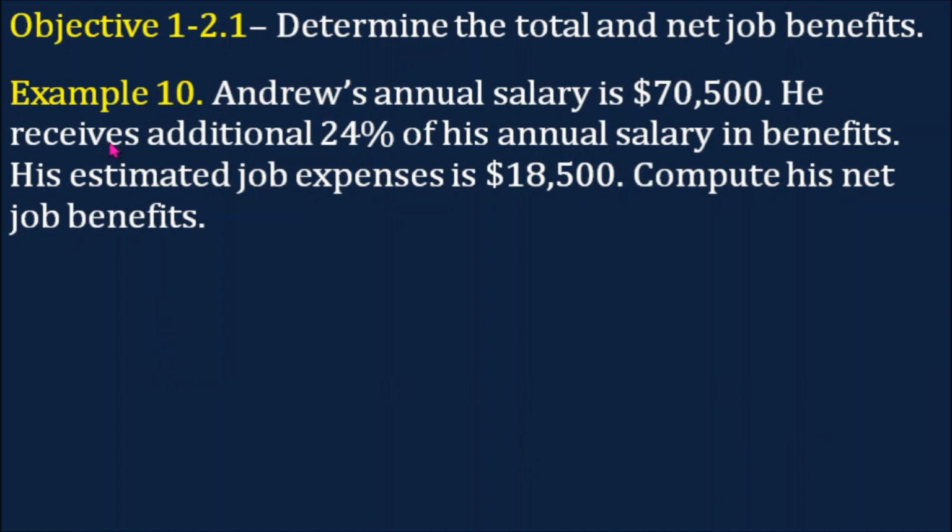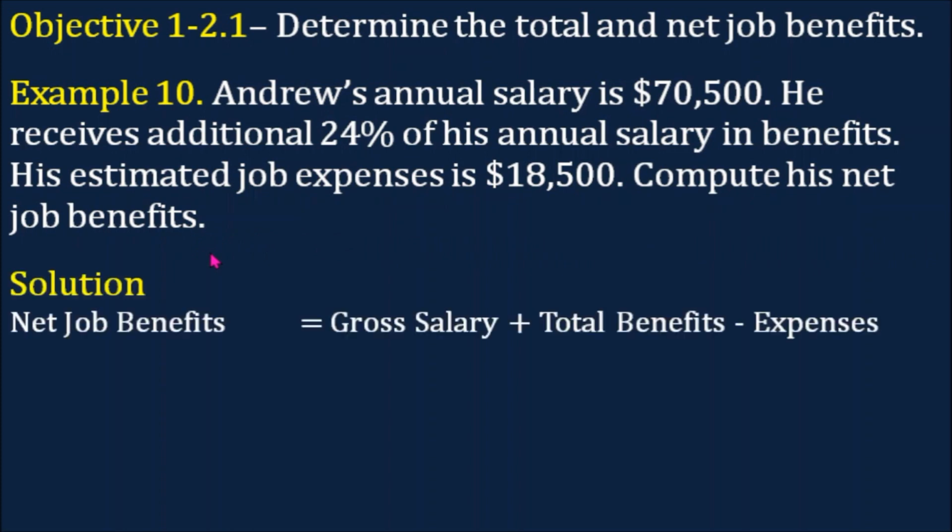Example number 10. Andrew's annual salary is $70,500. He receives additional 24% of his annual salary in benefits. His estimated job expenses is $18,500. Compute his net job benefits. So this is our formula.